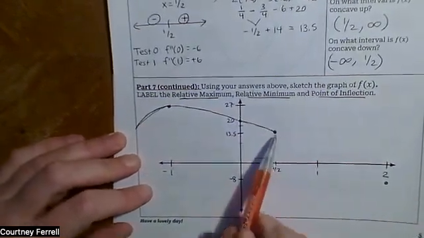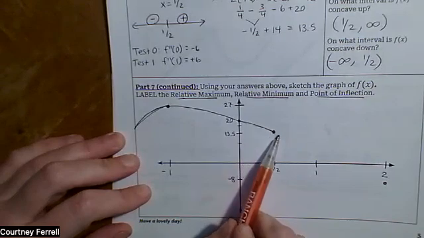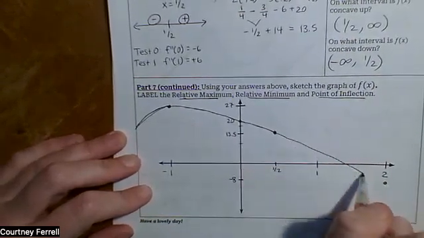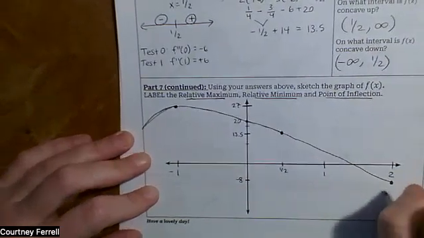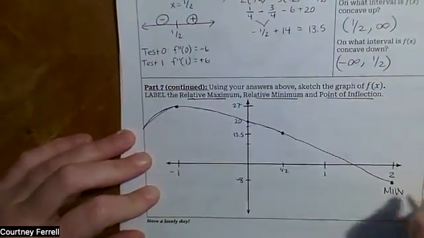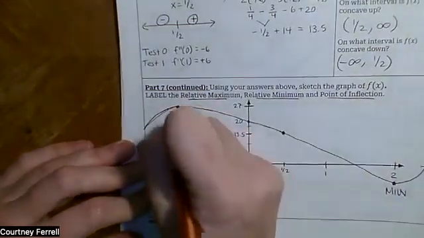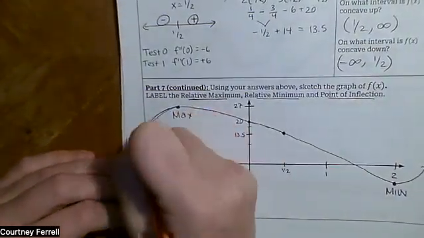I know this is a point of inflection, so this is where it should start to shift a little bit. I know this is a min, so it has to turn around. I know this is a max, so that's why I knew I had to turn around.